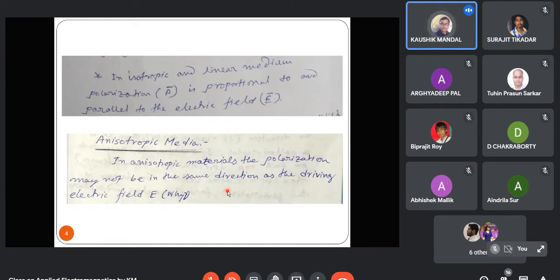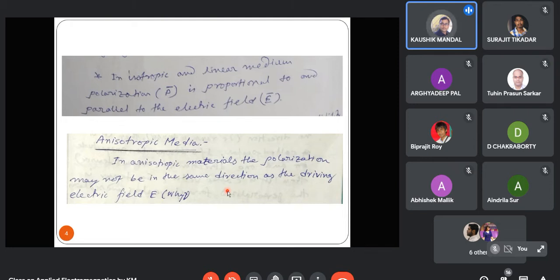Now, as I have mentioned, first we have to know what is isotropic material. If you remember the properties of isotropic media from the basic knowledge of electromagnetic theory, you know that in case of isotropic media, the polarization is always proportional to the electric field, as well as parallel to the electric field, that is, in the direction of applied electric field.